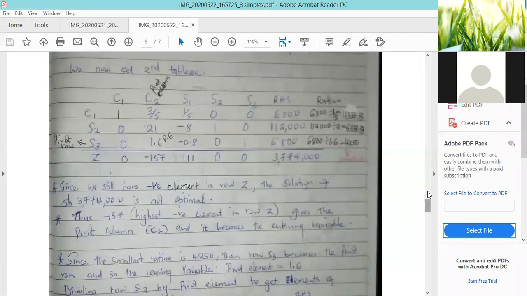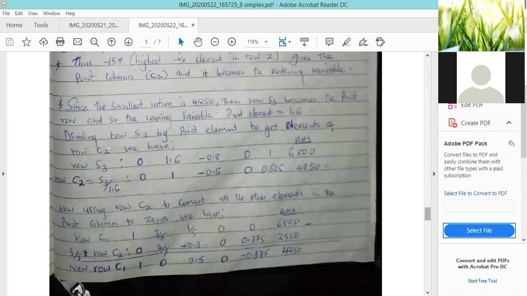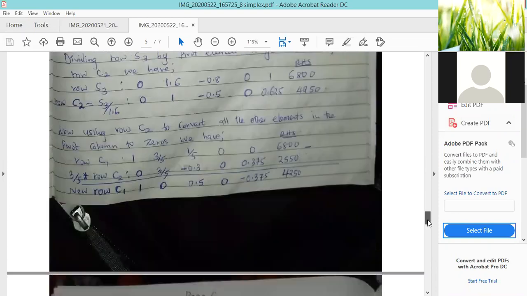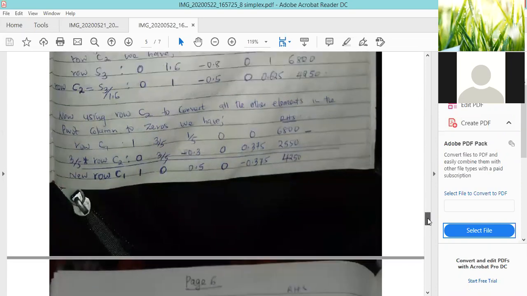Our second table, we want to convert this 3/5 to be 0 using our new row C2. So here we have our new row C2, which we have found to be 0, 1, minus 0.5 all the way to the right-hand side element.